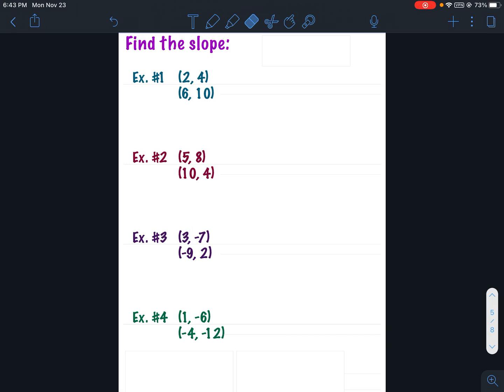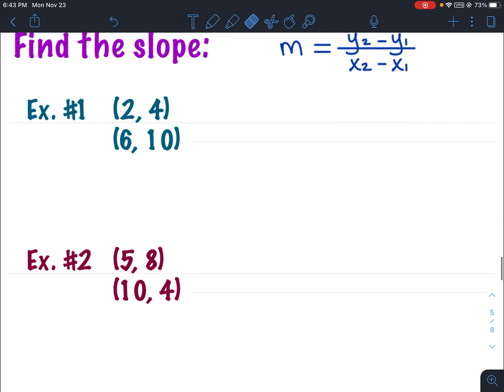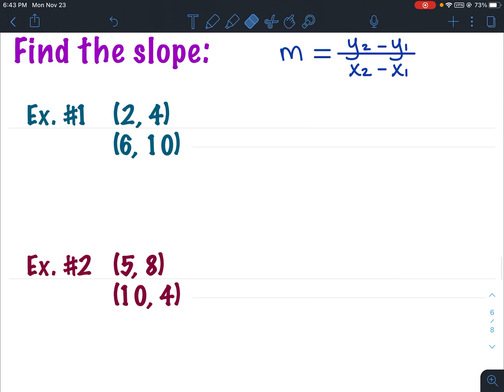Okay, so finding the slope. Finding the slope, we use the formula y2 minus y1 over x2 minus x1. So example 1 has the points 2, 4, and 6, 10. It doesn't matter which one you call x1, y1, and which one you call x2, y2.